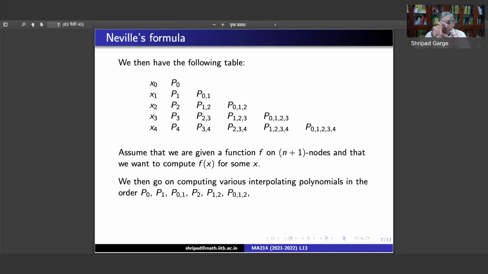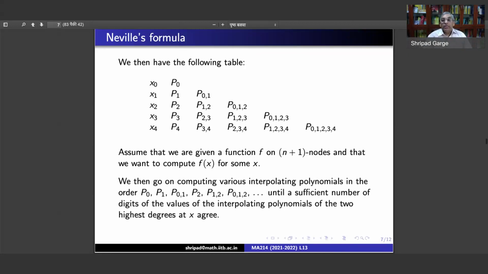So this way you keep on completing the triangles and you go on doing it until the function values at x of these various polynomials agree to the sufficient number of digits that you are looking for. So in our example, they were 0, 1, 2, 3, 1, 2, 3, 4 and 0, 1, 2, 3, 4 because we were looking for a higher degree of accuracy.